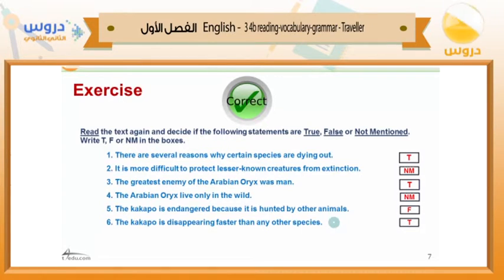No, because most of the time, some animals hunt it, but it's because of the destruction of its habitat. And the Kakapo is disappearing faster than any other species. That is true, but we don't know about this. We most of the time know that panda bears and polar bears and some tigers are on the top list of endangered species.